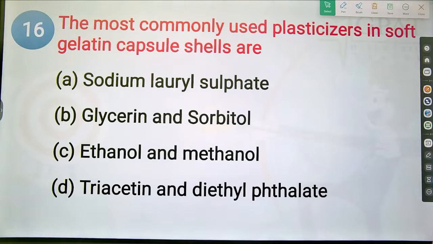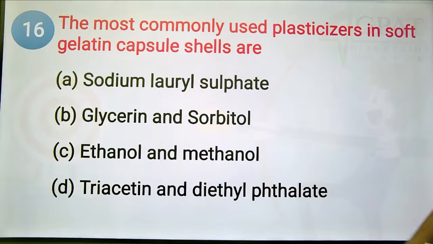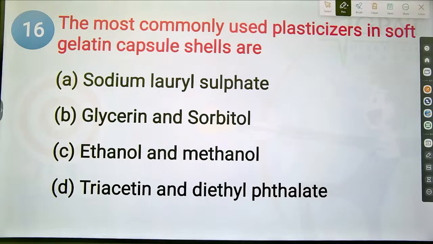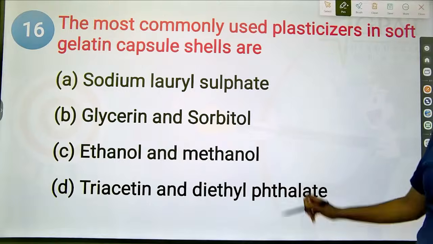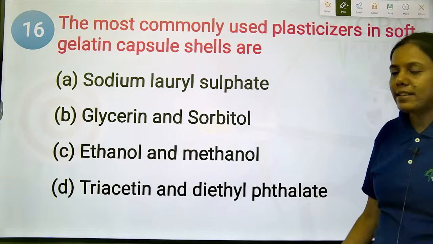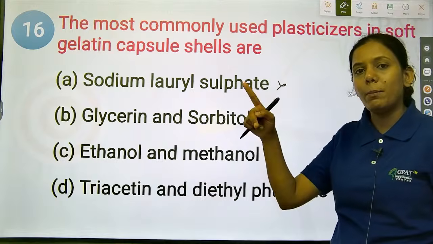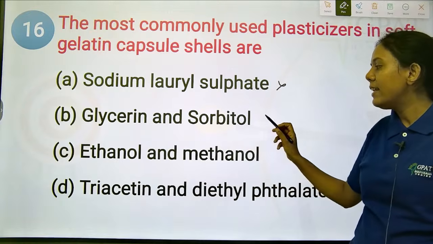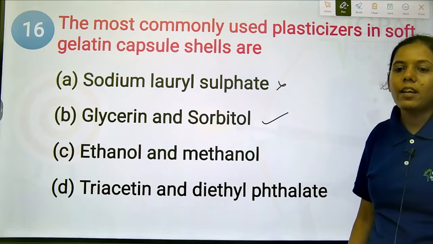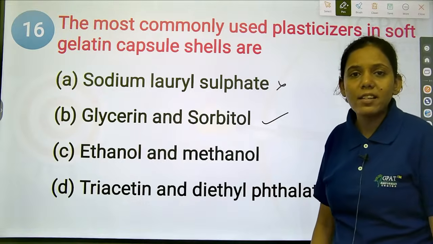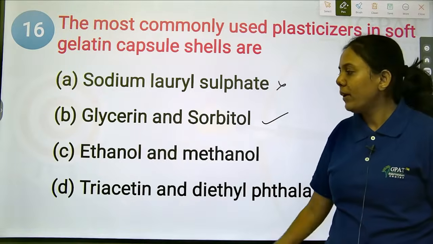The next question is, the most commonly used plasticizers in soft gelatin capsule shell are. Option A, sodium lauryl sulfate. It is not a plasticizer, rather it is a surfactant with HLB 40, right? Glycerin and sorbitol is the right answer. Basically, they act as a plasticizer. They also act as humectant.